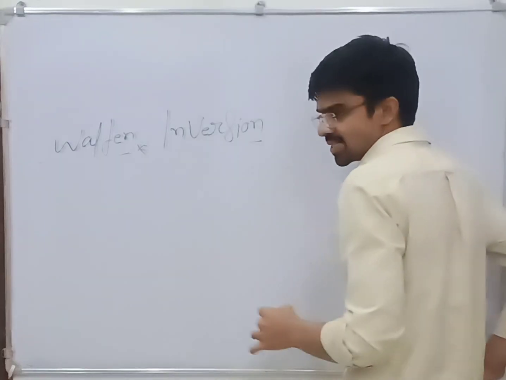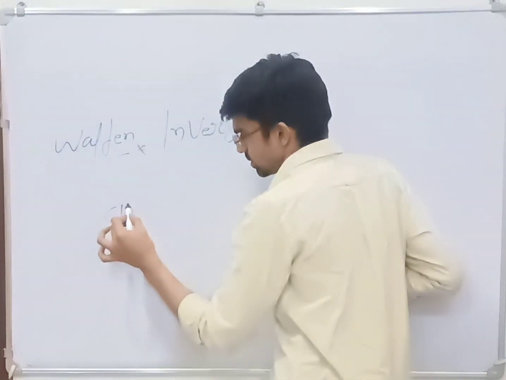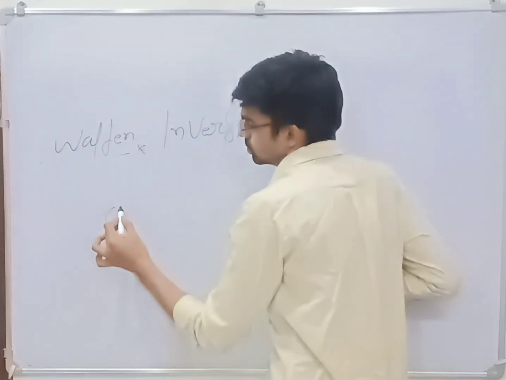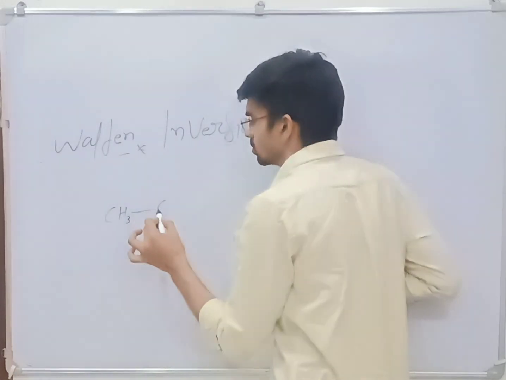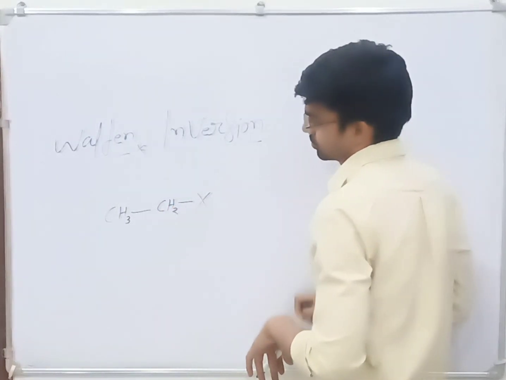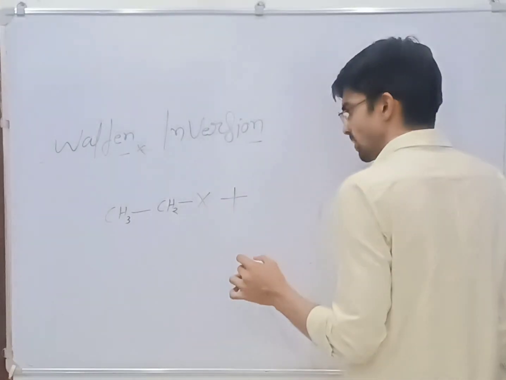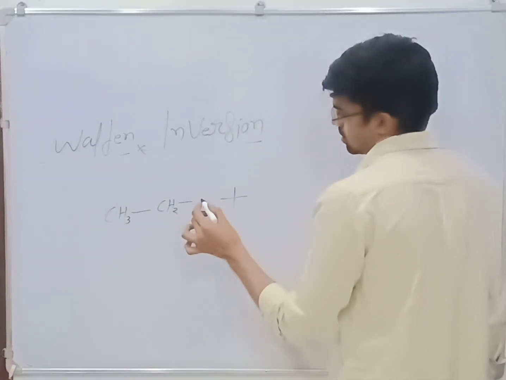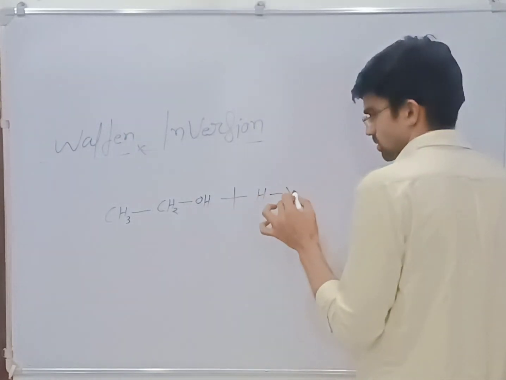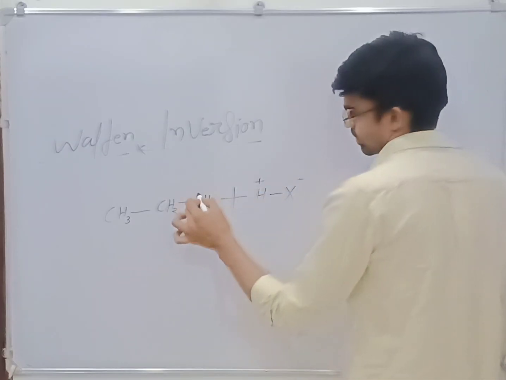Walden inversion states that in an SN2 mechanism where halogen is attached to a one degree carbon, when it is reacted with a halogen acid, H plus X minus.